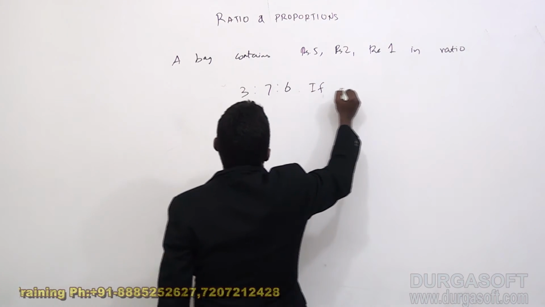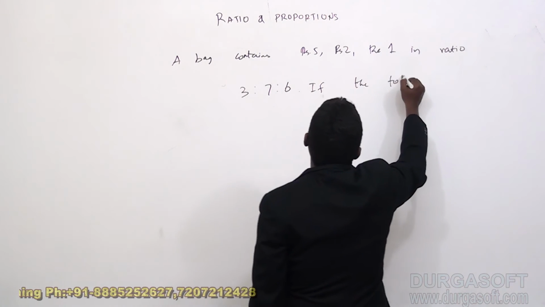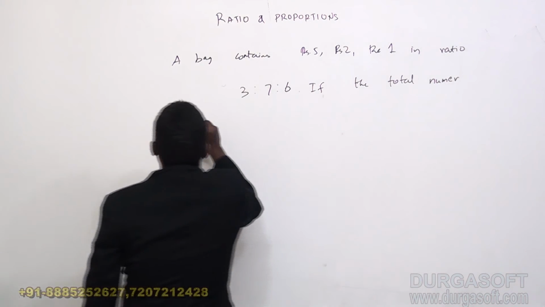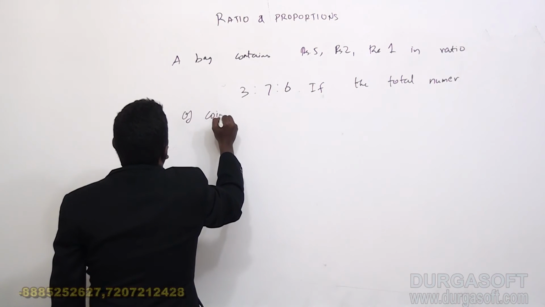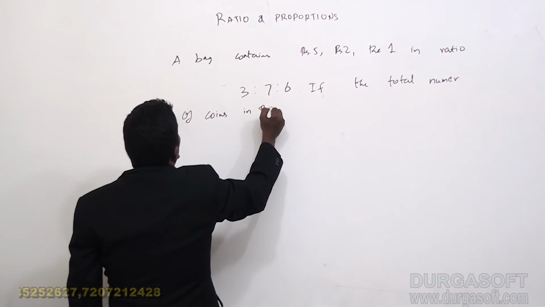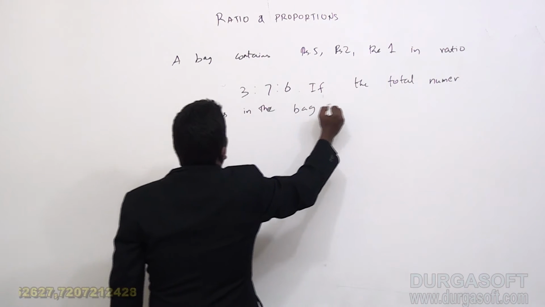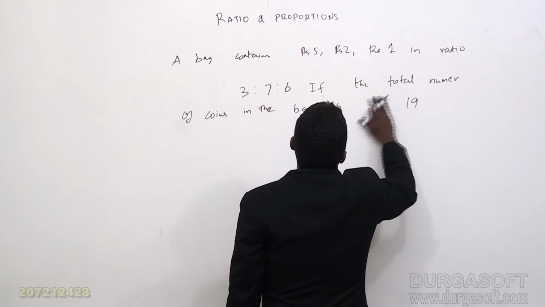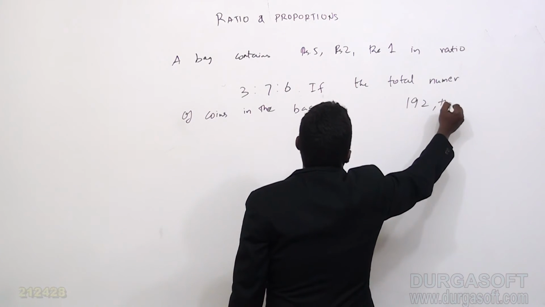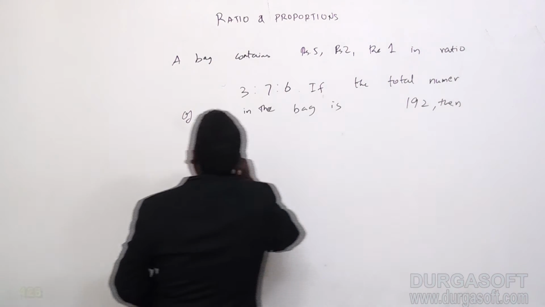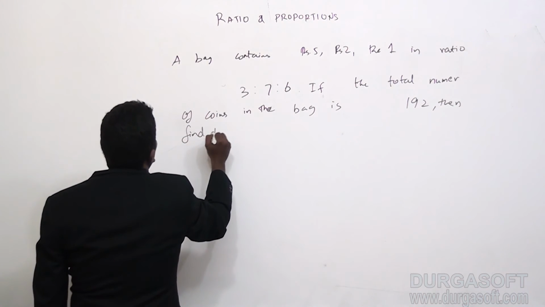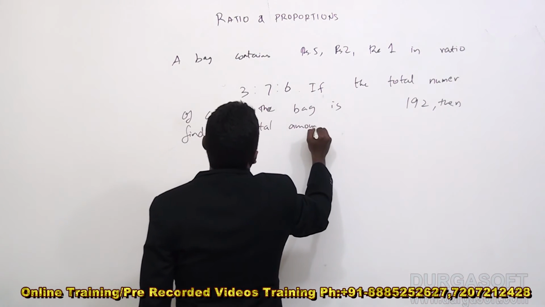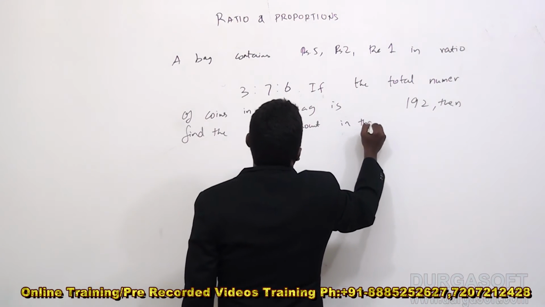If the total number of coins in the bag is 192, then find the total amount in the bag.